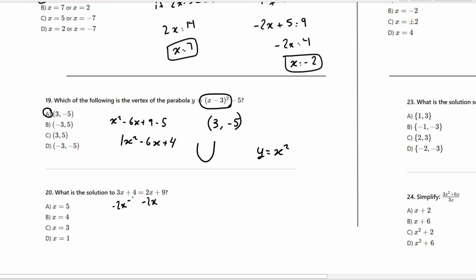And we're going to subtract 4 from both sides. You can do the same by subtracting 9 and putting all the non-x terms on the left side, but I like to keep all the variables on the left side. So you would cross those out. You would get x is just equal to 9 minus 4, which is 5. So it would be choice A.